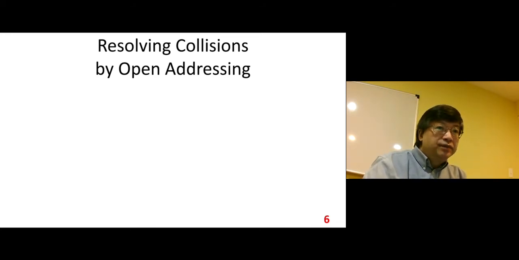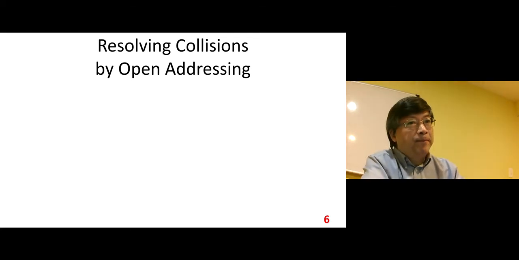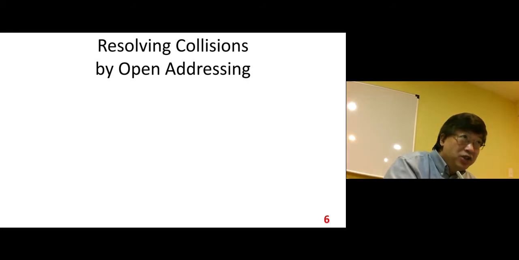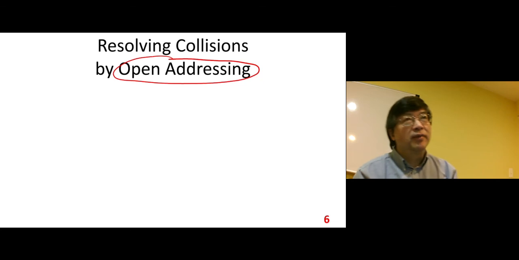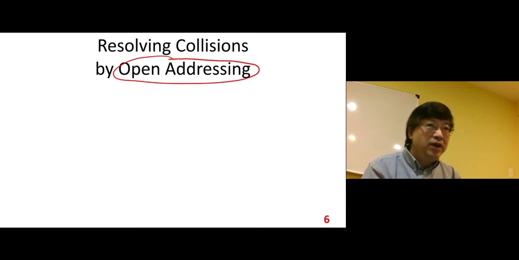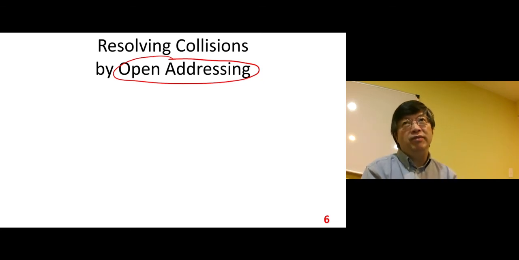Next, resolving collisions by open addressing. Here we are not using chaining. The second method is different from chaining: open addressing. So why do we need a different method?